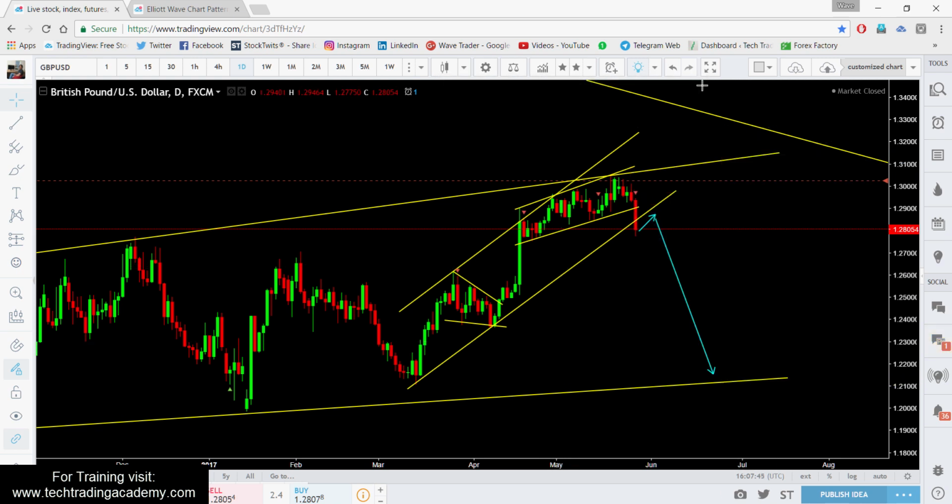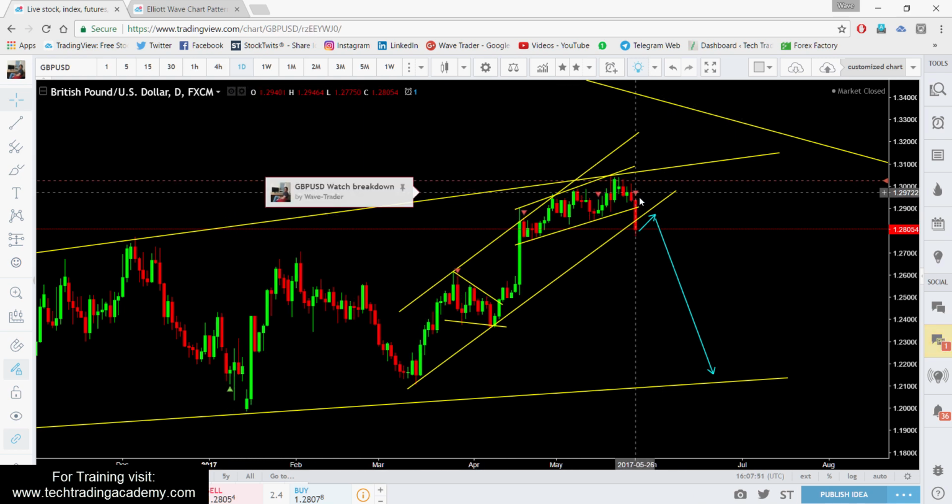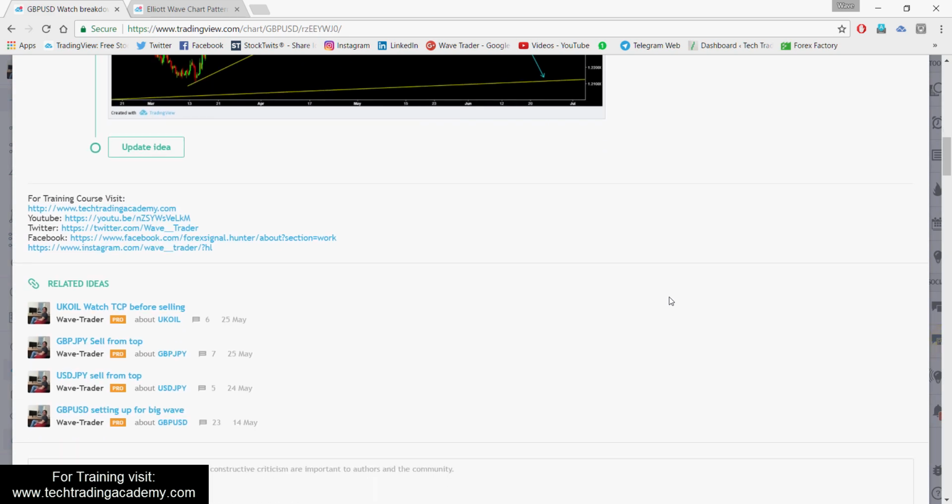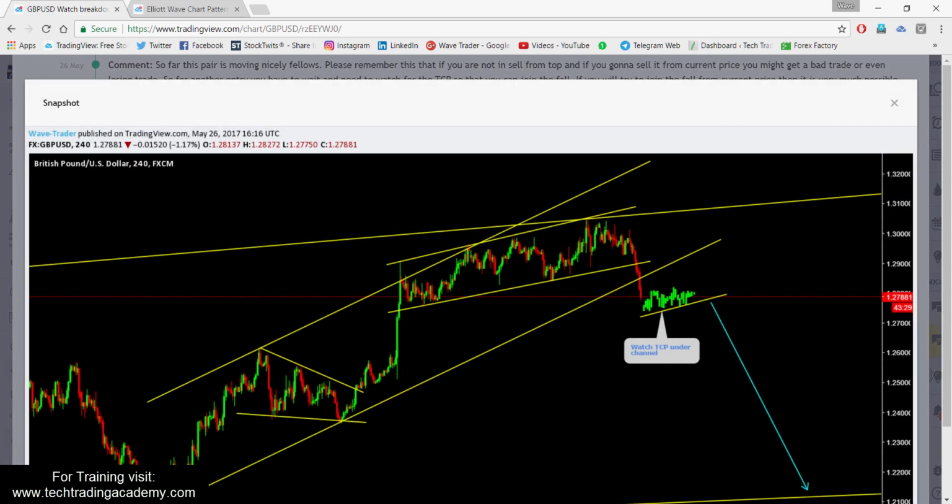Now how are we going to trade for the next continuation pattern formation which we are looking for? The formation I'm looking for is this. If you see this formation under that channel, why are we looking for a continuation formation under that channel? Because we can see price has broken out of that trend, the uptrend.